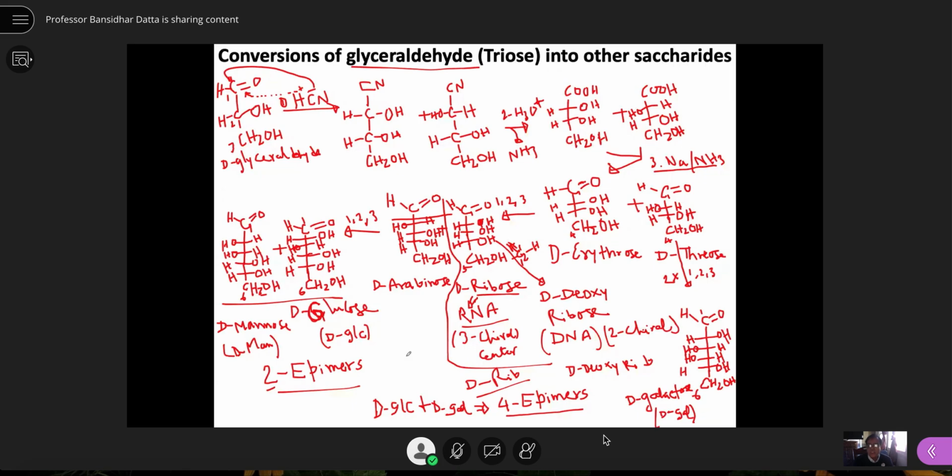That galactose will go inside the cell, glycolysis, TCA cycle, electron transport chain, generate ATP. So D-mannose, D-glucose, D-galactose are food particles. D-ribose and deoxyribose are the components of RNA and DNA. Very important part. Everything is important, right? Do you have any question on this one?